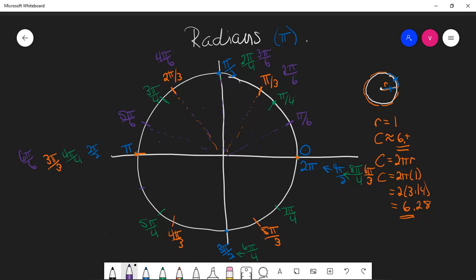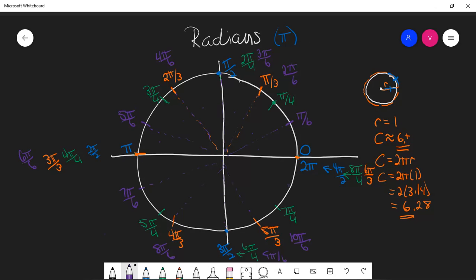Now 7/6, that's that one. 8/6, 8 pi over 6 reduces. That's the same fraction as 4/3. 9/6, that's the same fraction as 3/2. 10/6, 10 pi over 6, which reduces to 5/3.